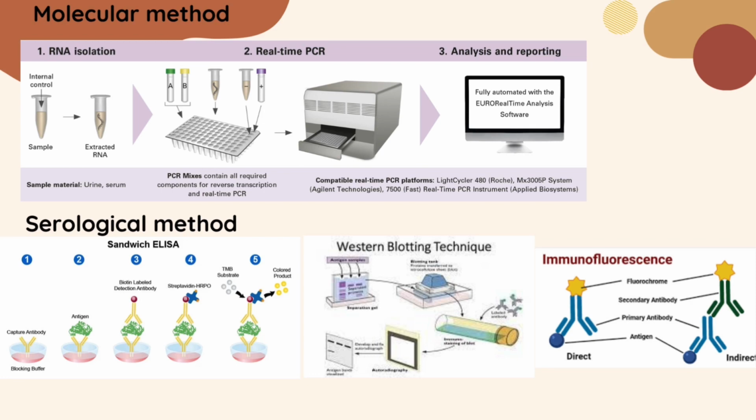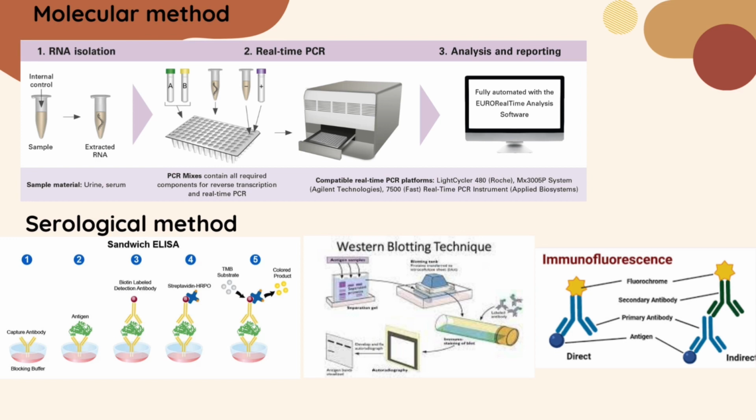For the serological method, there is the ELISA method, where it can detect the specific antigens or the antibodies related to Corynebacterium pseudotuberculosis. Other than that, Western blotting can also be used, where it involves the separation of protein, followed by their transfer to a membrane and detection with a specific antibody.